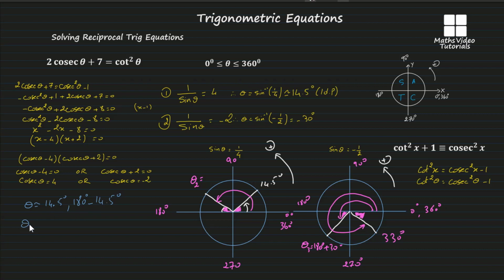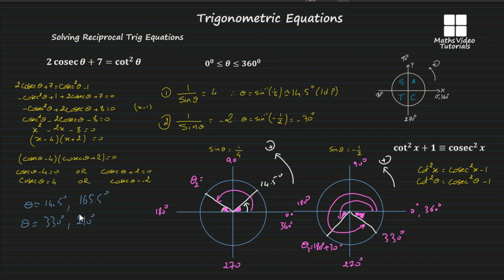For the second equation are 330 degrees, and 180 plus 30 degrees is 210. I still have to do the calculation for this one, which is 165.5. Let me rewrite it to make things neater: 165.5 degrees. So again, I got all 4 solutions from the two equations.